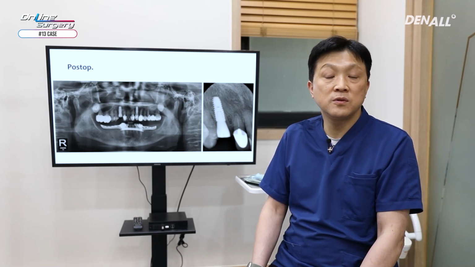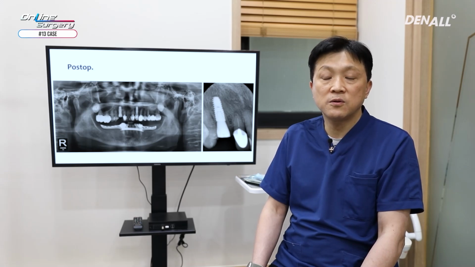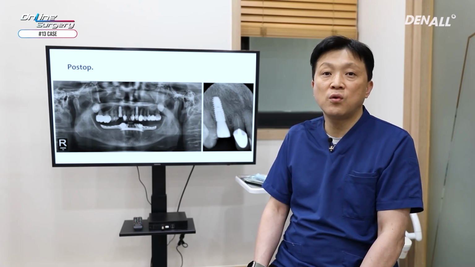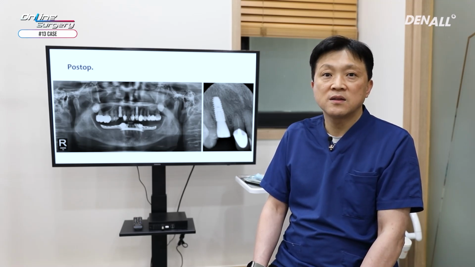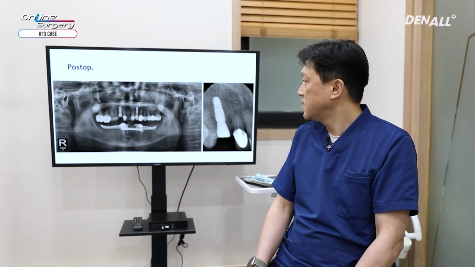Even with smaller diameter, it can withstand stronger occlusal forces or guidances, so I think it's a great choice. In my case, I normally use deep connection implants in lower anterior or upper anterior. In areas where you cannot really use wider diameter implants, I use this.